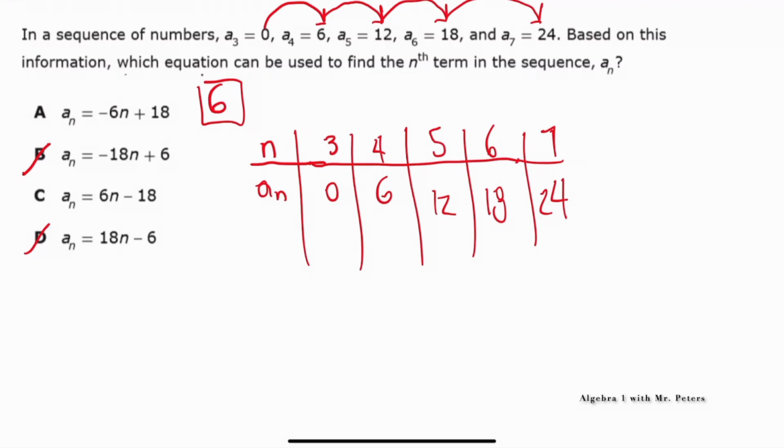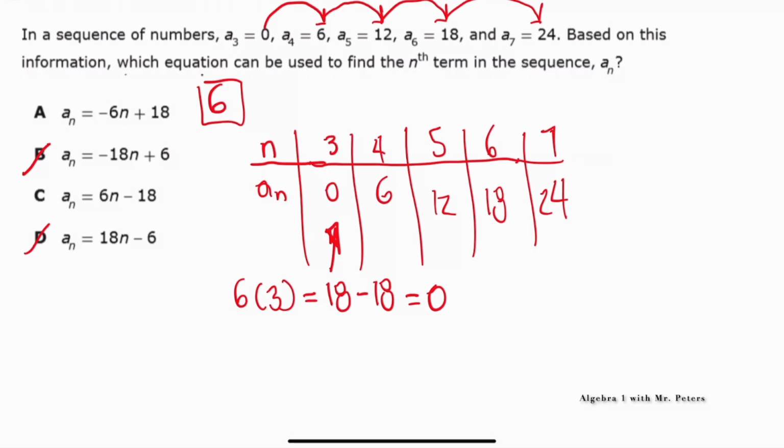For us to get an answer of 0, we're going to have to subtract 18. And let's just test it. So this is what I mean. We have 6 times 3 is equal to 18. But if we want to get it to 0, what would we have to do? We would have to subtract 18 to get that 0.